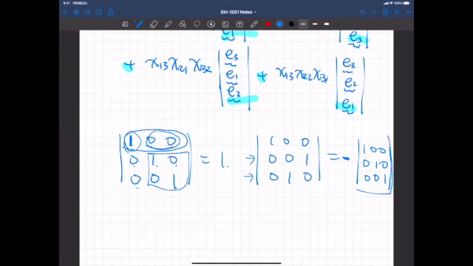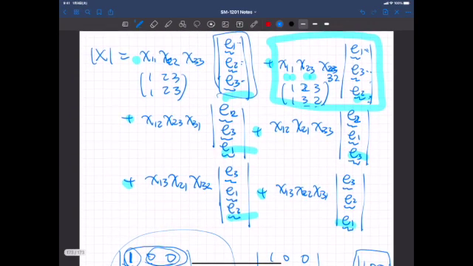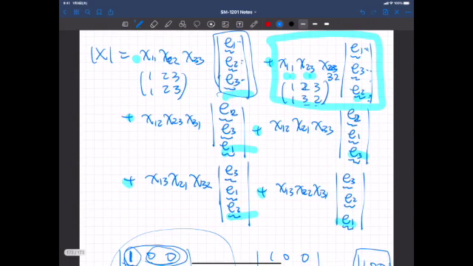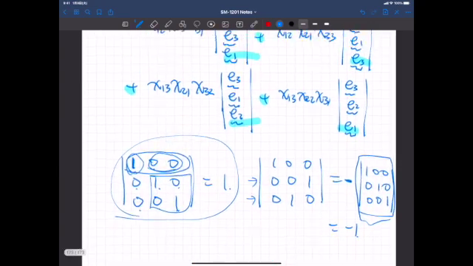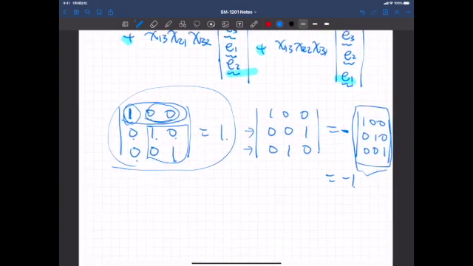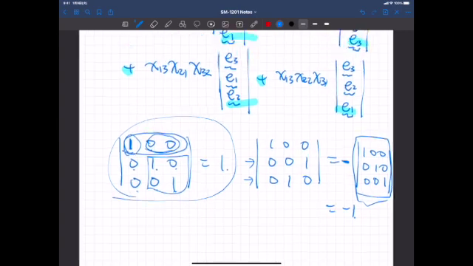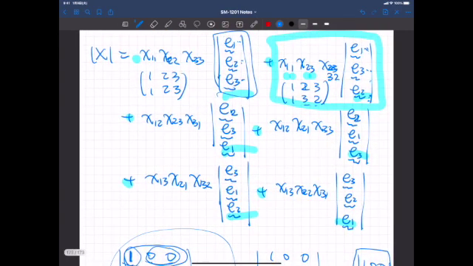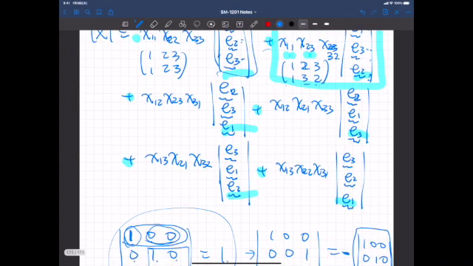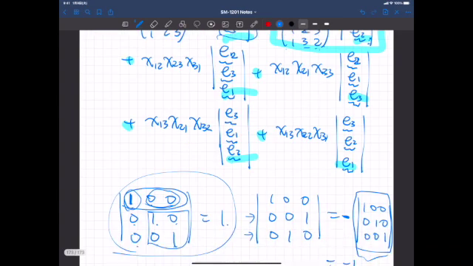And the determinant of this is 1. So this is negative 1. So this gives us the negative sign. The same goes on for other terms, and we get the same result as before. So for the permutations of even parities, we have positive sign, and the permutations of odd parities, we have negative signs.